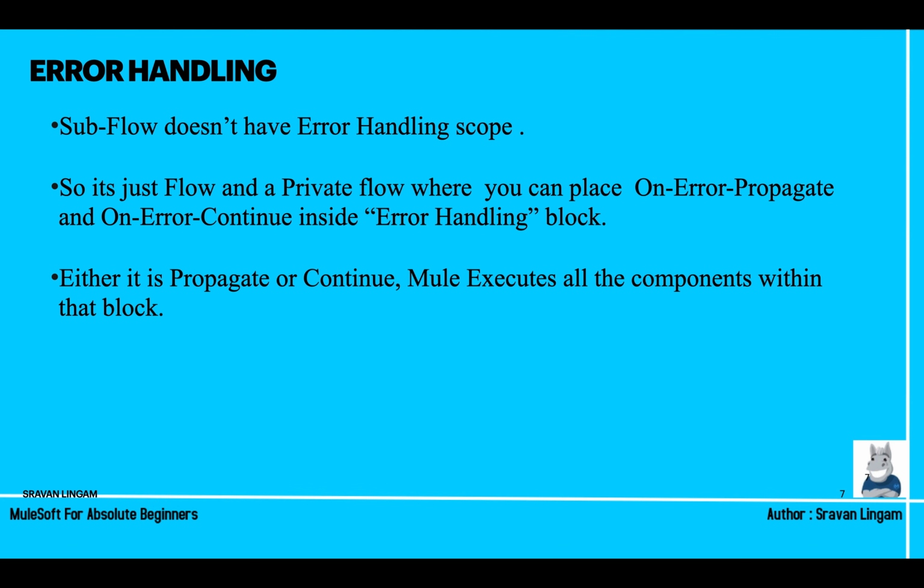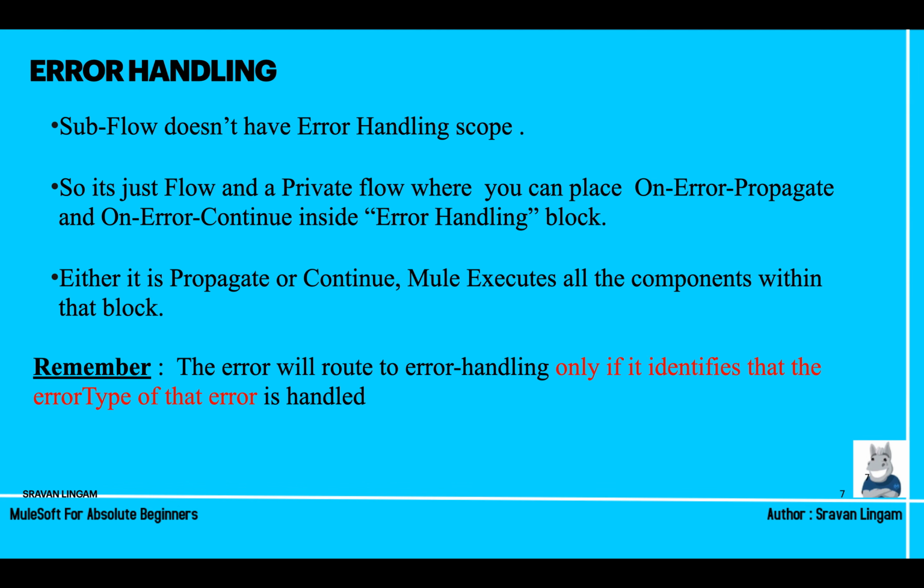Either it is On Error Propagate or On Error Continue, Mule executes all components within that block. This is an important statement. Whatever you keep inside the On Error Propagate or On Error Continue, it executes all the components. If you have three loggers in the error handling, it will execute all three loggers.